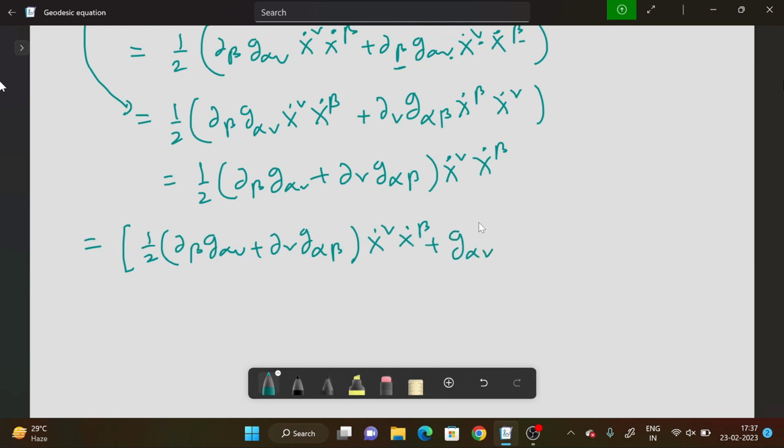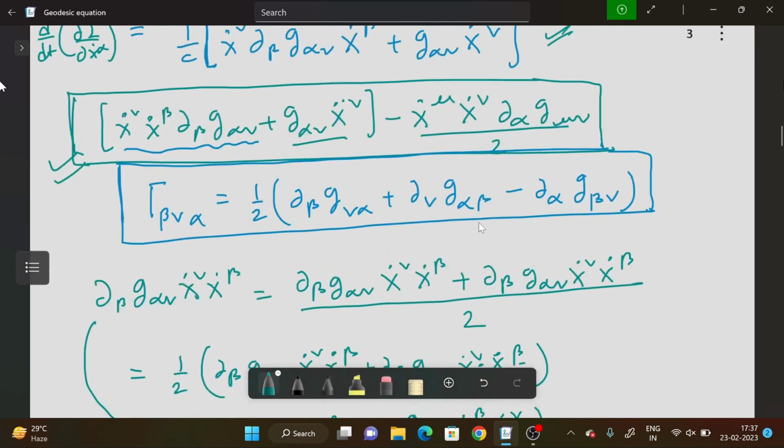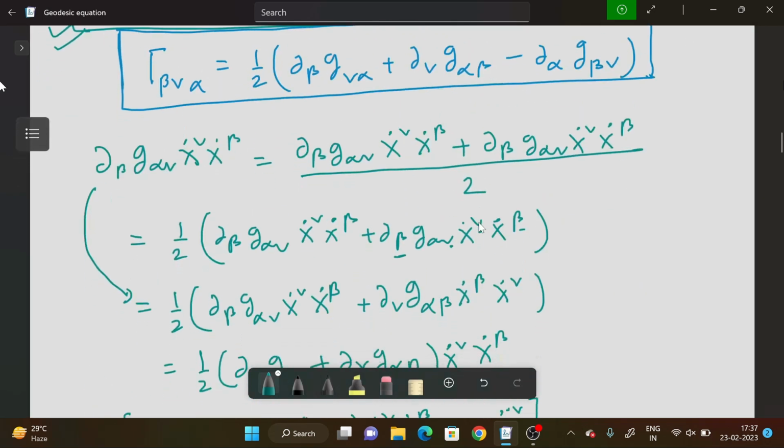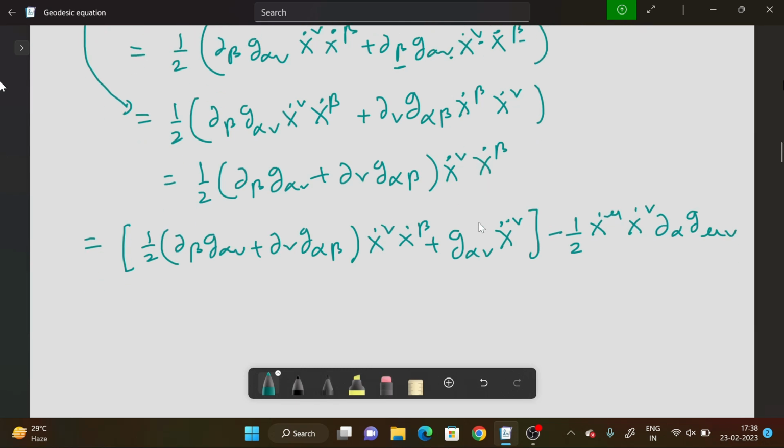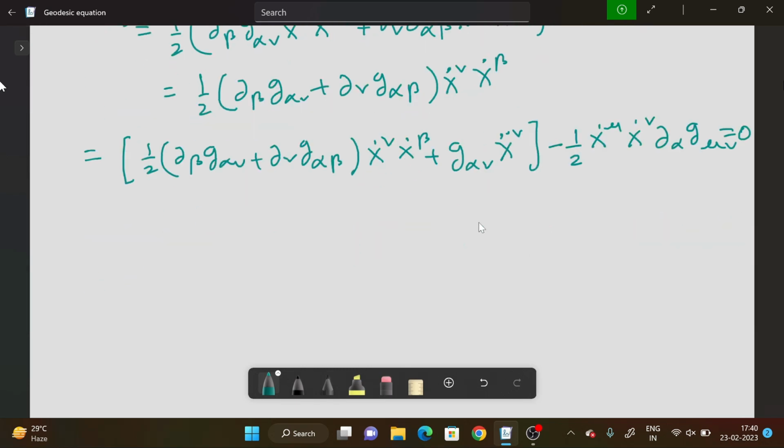So g alpha nu x double dot nu, and then with a minus sign we had 1 upon 2 x dot mu x dot nu d alpha g mu nu, and this was all equated to 0. Now notice we have half times something over here, and we have half times something over here, right?